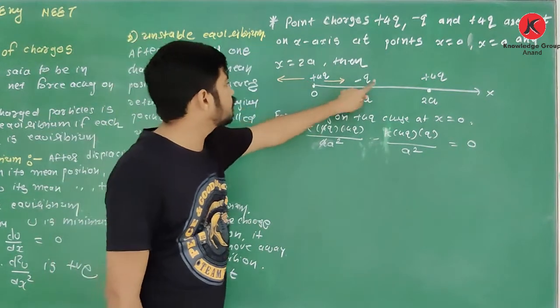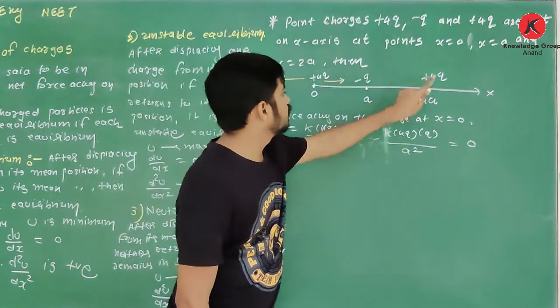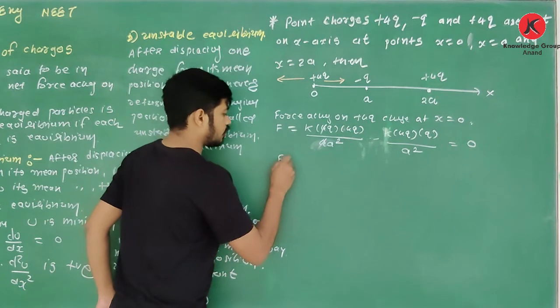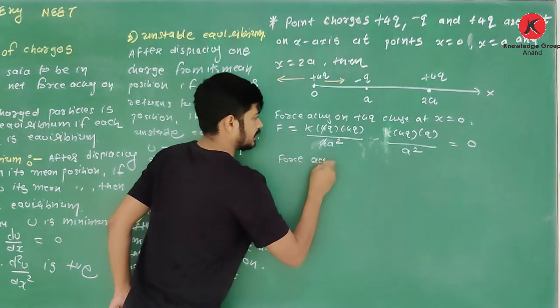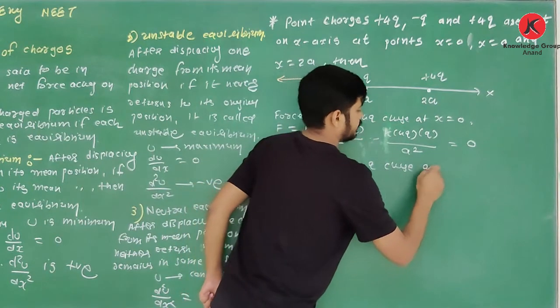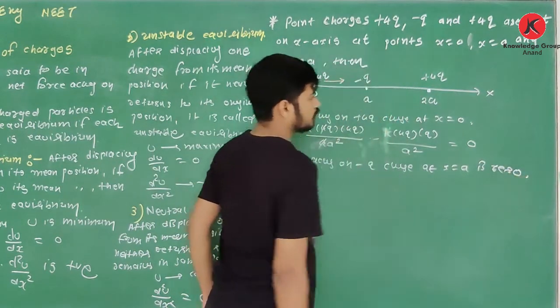It is 0. Now for this minus q charge it is easy. Two sides, two plus 4q charges at the same distance. So again, force acting on minus q charge at x equal to a is also 0.